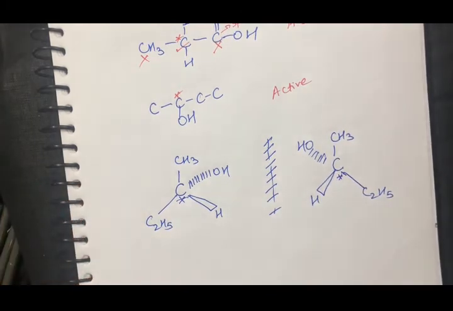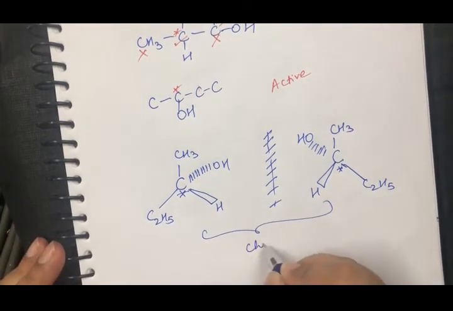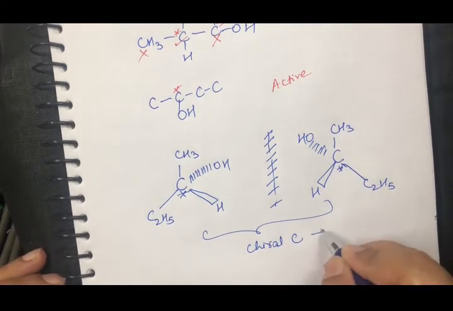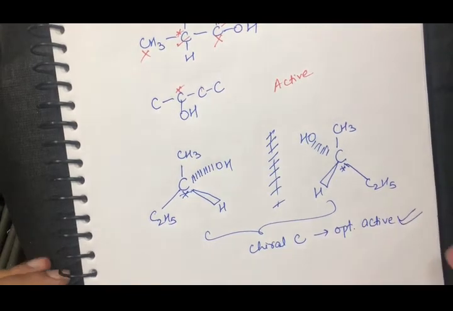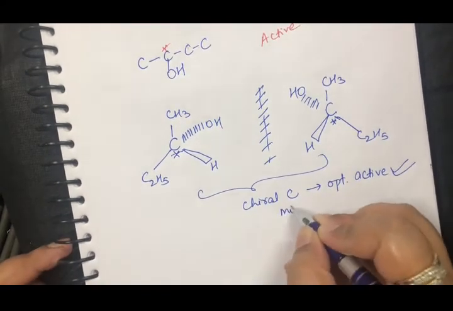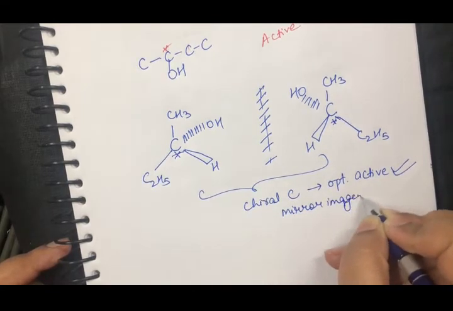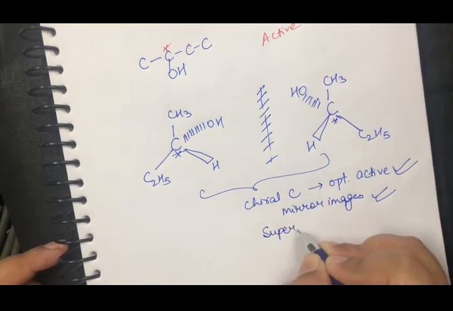Chirality remains here also. There is not going to be any change. So now these two are chiral carbons. Both have a chiral carbon, so they both are optically active. Yes. Are they mirror images? Yes. Next condition I need to check is superimposability.